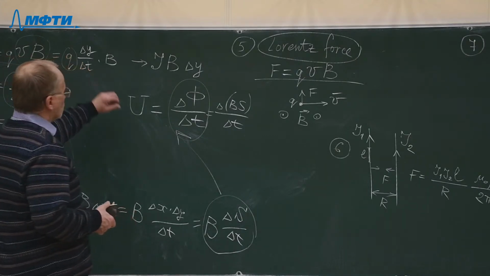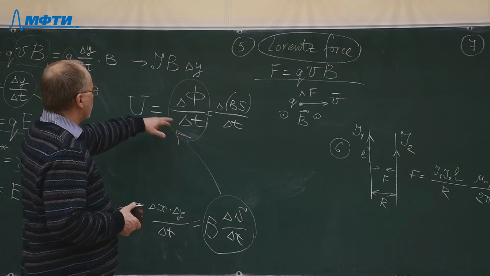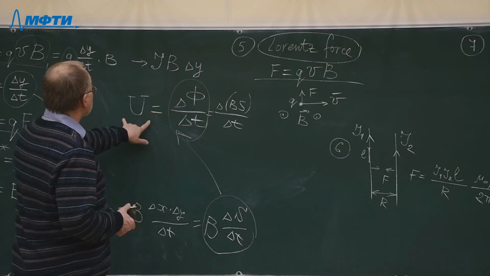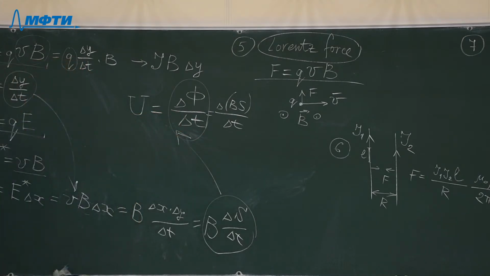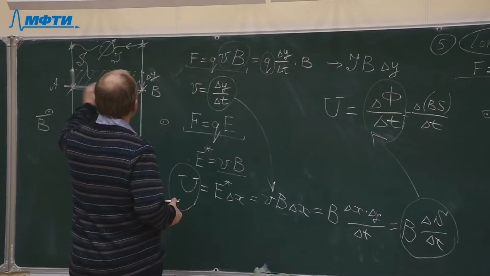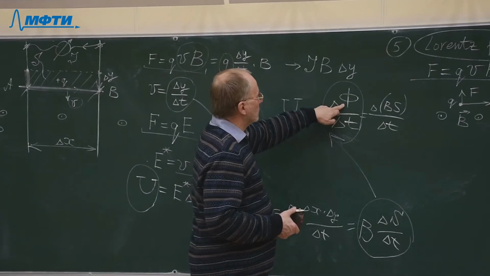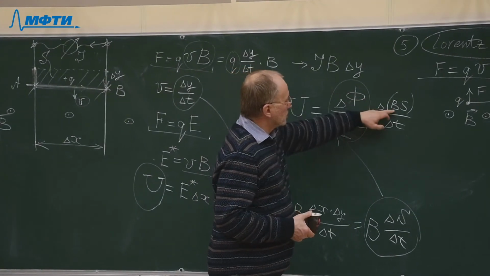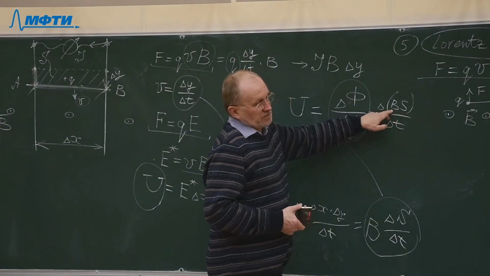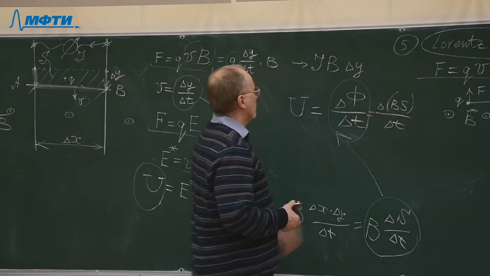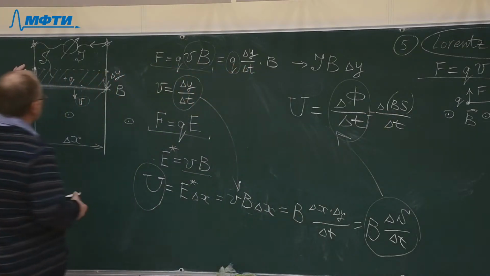So according to Faraday's law, the potential difference on the terminals of this rod is defined by the rate of change of the quantity B S, which is the flux of magnetic field induction.